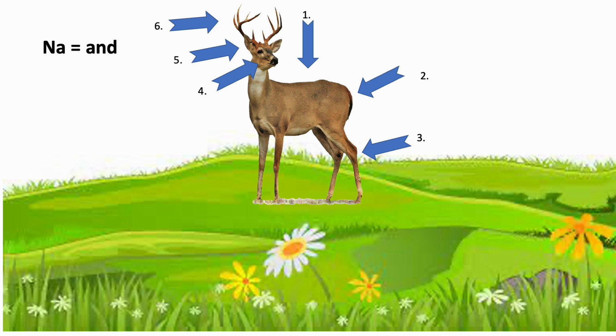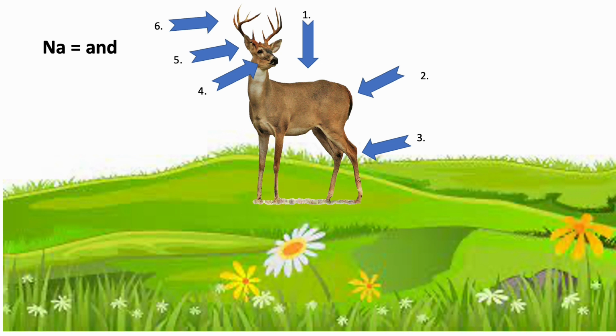Okay, so now we want to get to the point where we can hold up any animal, use that sequence and describe it, and we want the students to be able to do that. So I'm going to do it in Lakota, and we're going to need a little connecting word, because otherwise we're just saying the deer has brown fur, the deer has a short tail, the deer has 4 legs, etc. So we want to add some more length.